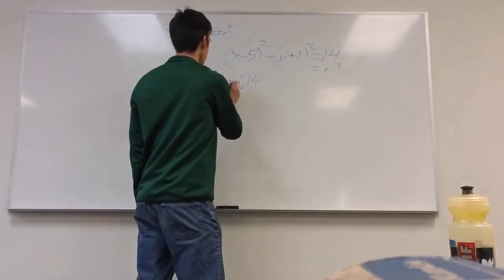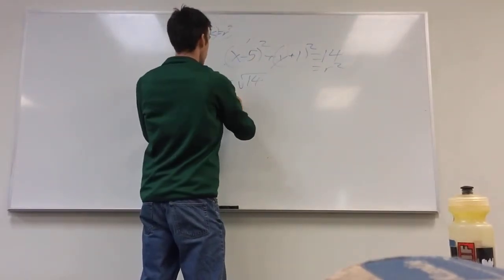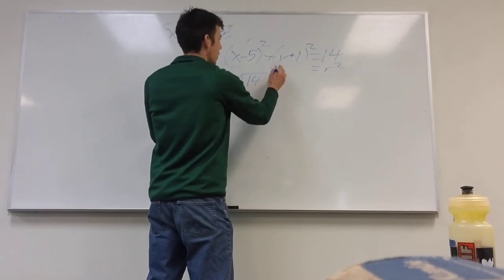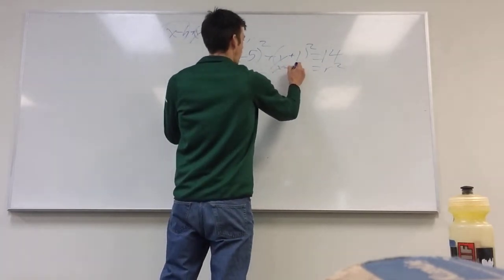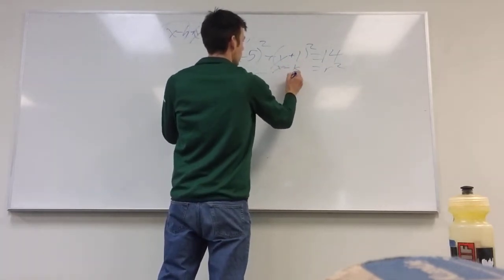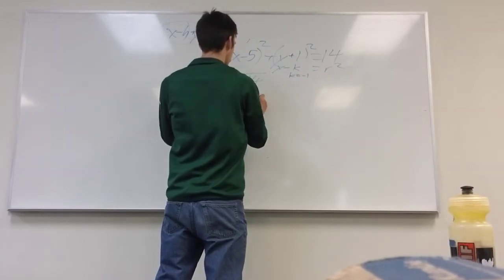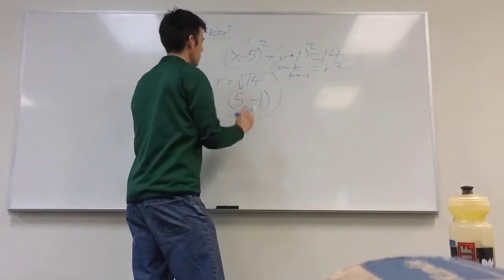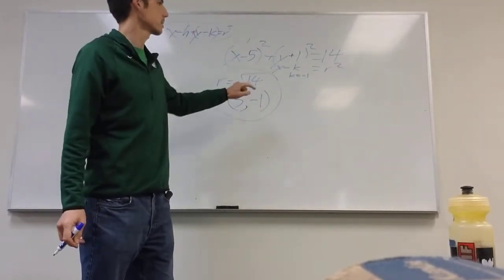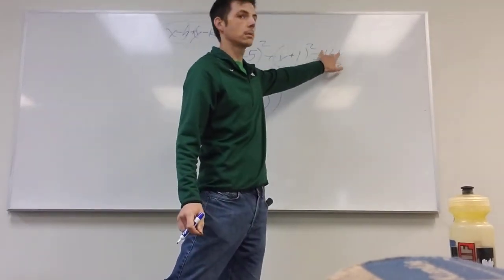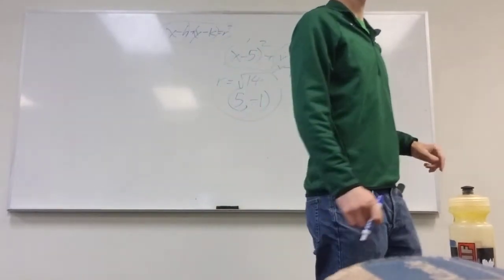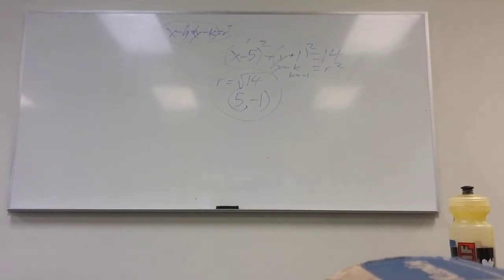And then my center is x minus h, so h is 5. And then y minus k, okay, k is negative 1. So there's my center, there's my radius, again the square root of 14. Okay, so I think on the quiz you had like r equals the square root of 6 squared. But okay, number 5.